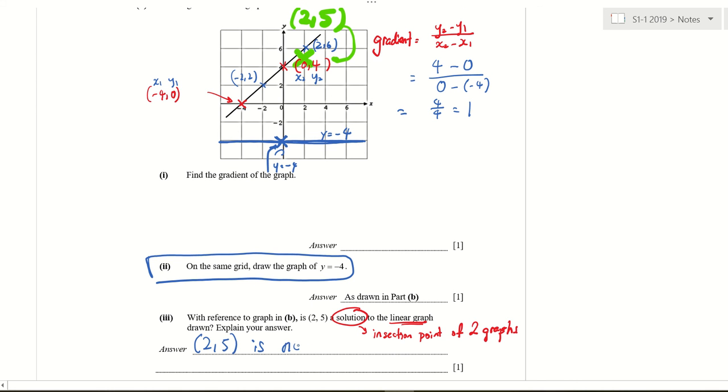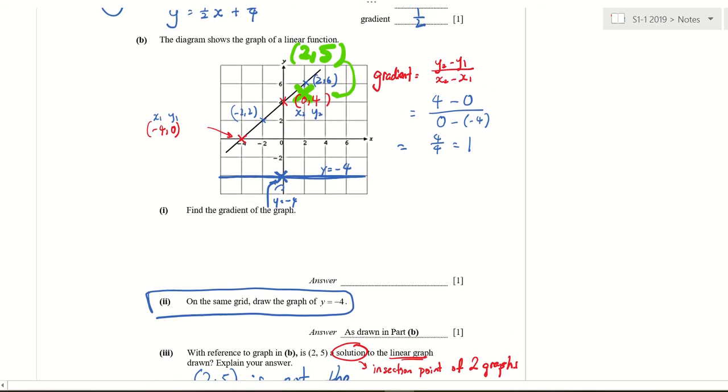Darren, 2, 5 is not the intersection point of the linear graph.